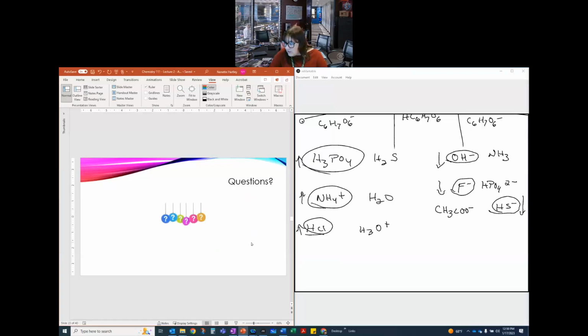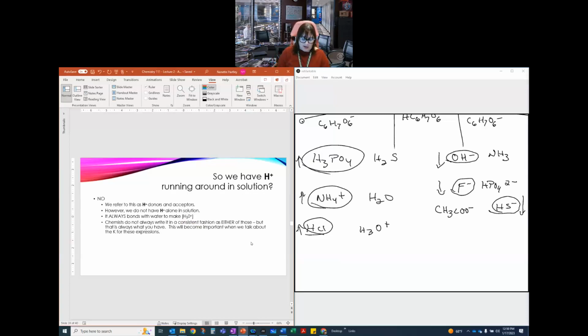All right. I'm just going to talk in general about H+. So I've been using H+ all over the place, and I've been using H3O+ all over the place. So we can talk about H+, and we can talk about H3O+. H+ is listed as a proton.